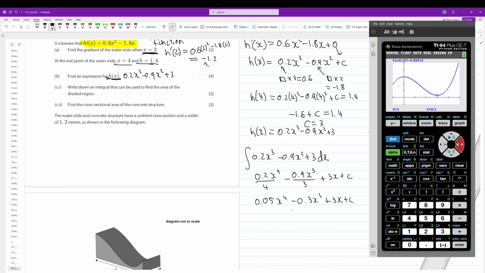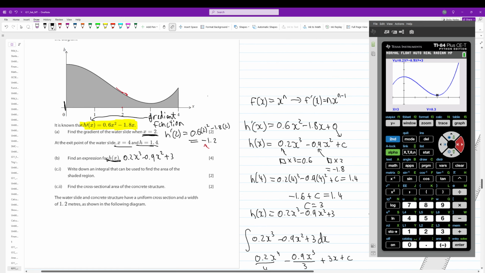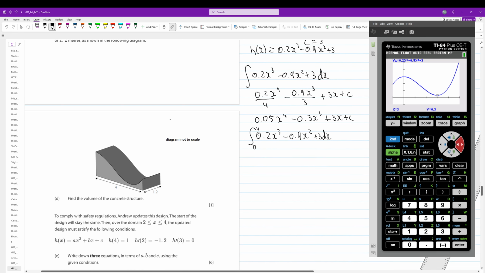Find the cross-sectional area. Well, I would integrate this function, 0.2 x cubed minus 0.9 x squared, add 3 dx, between 0 and 4, because my slide is between 0 and 4. Again, this wasn't in your exam. The only reason I am doing this is just because I think it's really good for you to practice where these things come from.